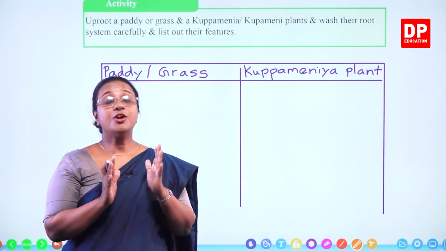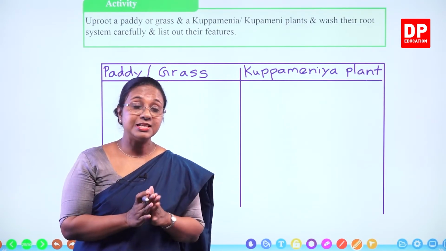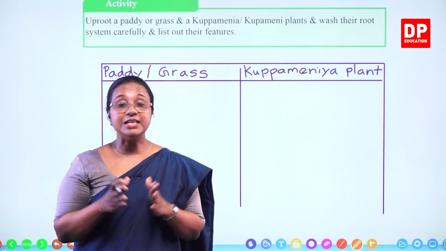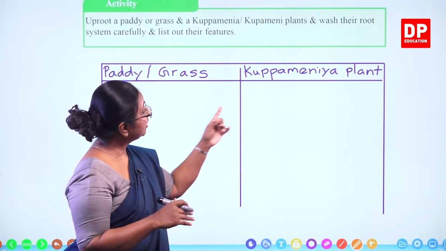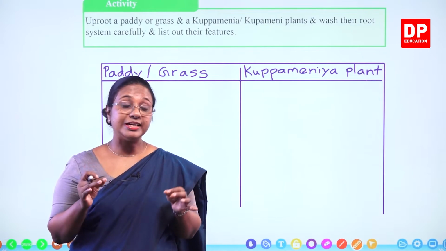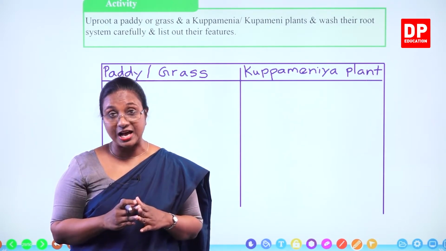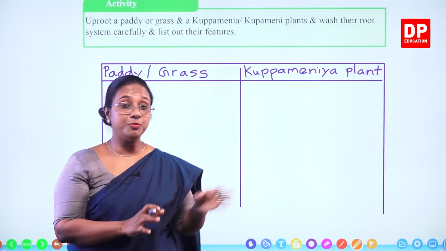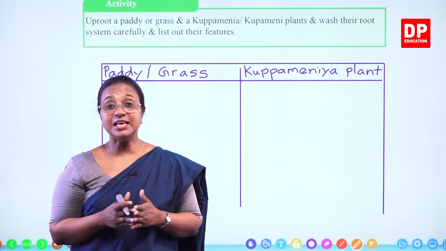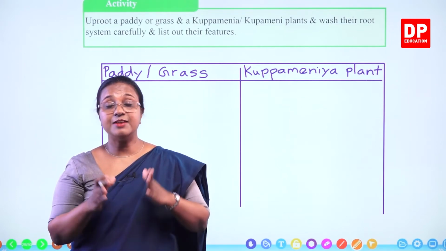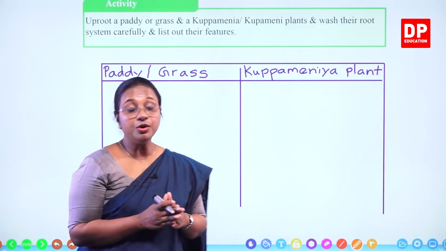So students, you all can remember looking at the plants, the grass or the paddy plant, did they have branching in their stem? No. But if you look at the Cupomania plant, you were able to see some branches there. Although it is a very small plant, all these plants are small plants, so you can observe them easily and you were able to understand whether there was branching or no branching.